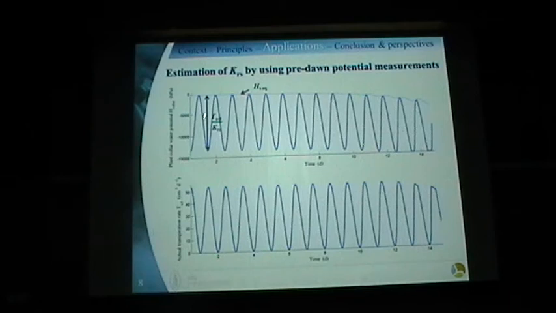And what we observe is that at that time, pre-dawn, the leaf water potential equals the soil water potential felt by the plants.